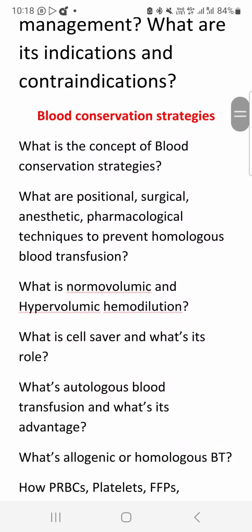Then a similar topic related to it is blood conservation strategies. This can be asked separately, but most commonly it will be asked with reference to a bleeding pregnant obstetric patient, or a bleeding trauma patient, or anything like that. But the things will be the same.